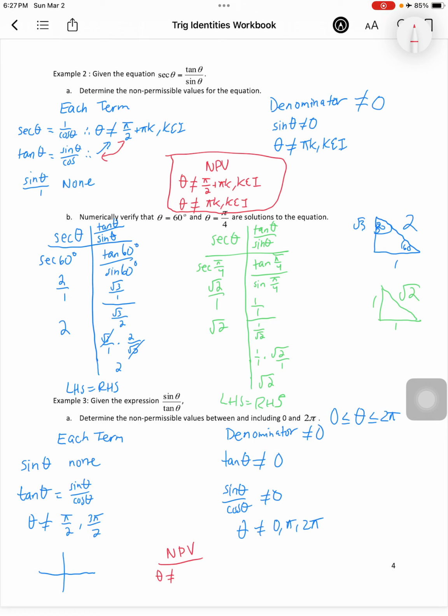So here, simplify the expression. This is related to the exact same question we wrote just now. When you're simplifying, that means you're going to break it up into terms of sine and cos. So sine theta over tan theta is the same thing as sine theta over 1 divided by sine theta over cos theta.